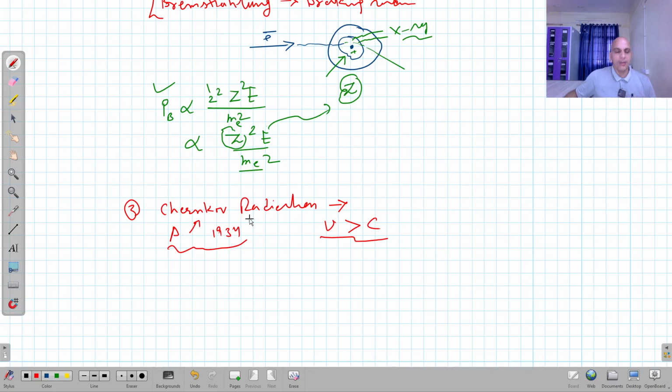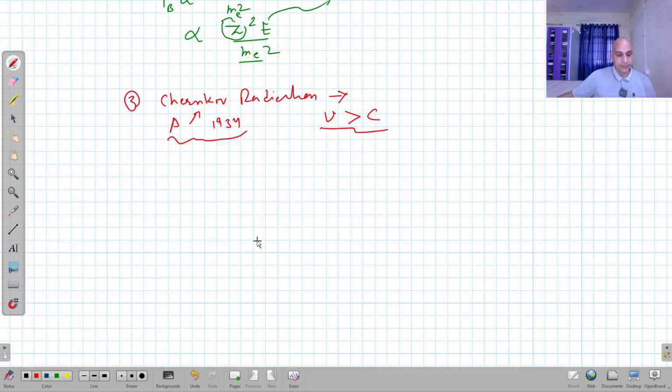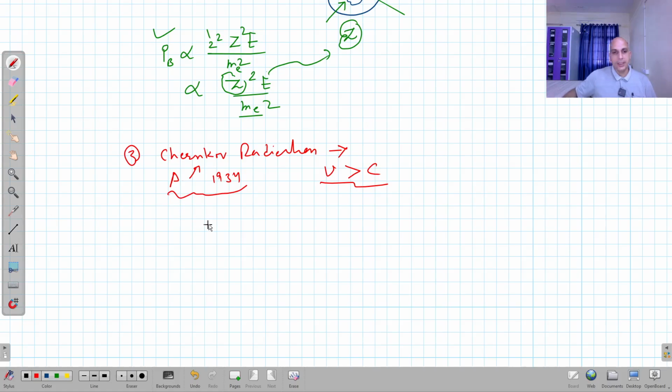A beta particle, I mean an electron, can undergo Cherenkov radiation if the threshold value of the energy of the beta particle is E = mc² into the square root of mu² upon (mu² minus 1).